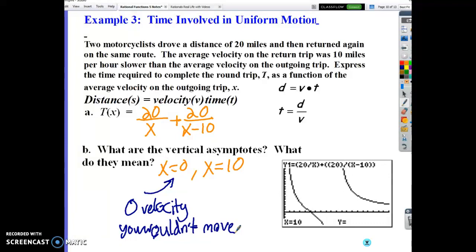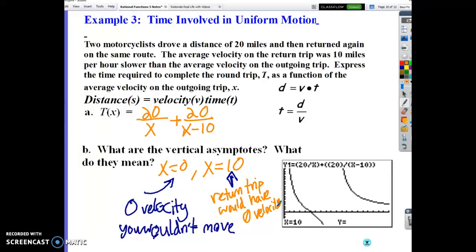Because on the return trip, your velocity is 10 less than on your other trip. So if you don't at least have a velocity of 10 miles an hour on the outgoing trip, then you're going to have 0 velocity on your way back. So your return trip would have 0 velocity.